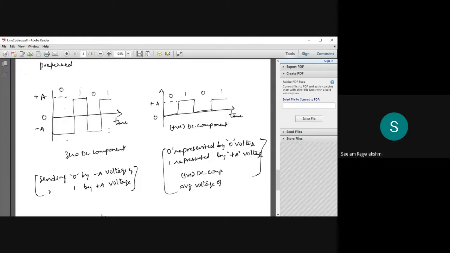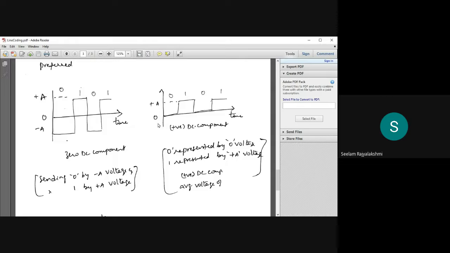Here this is time, and this is minus amplitude, amplitude minus a, below the time axis, and above the time axis it is positive amplitude. Positive voltages equal negative voltages, so when these get cancelled, the waveform DC component is 0.